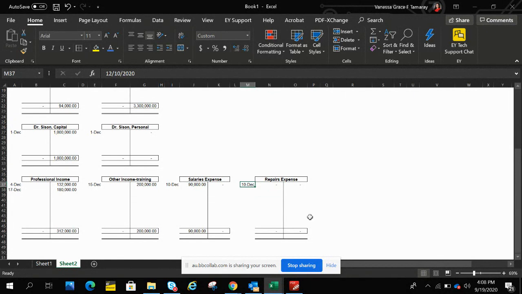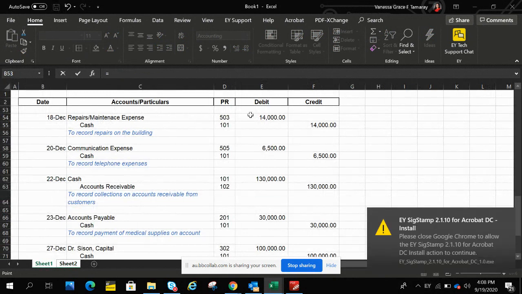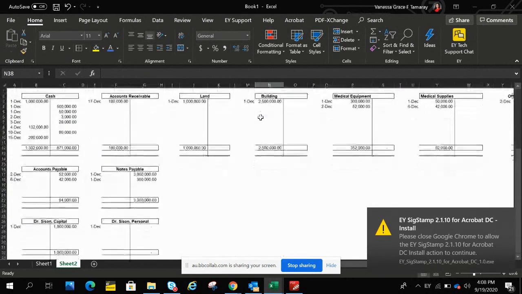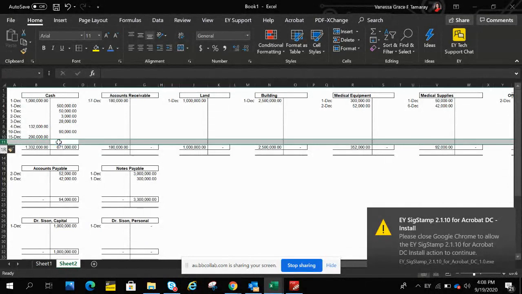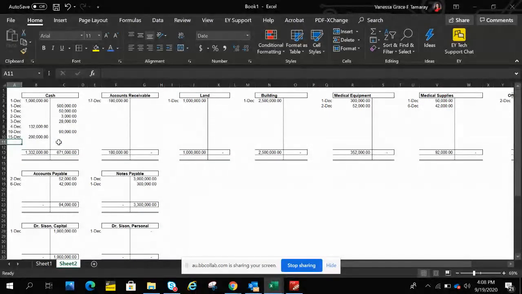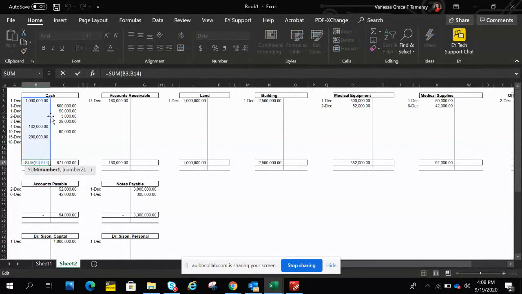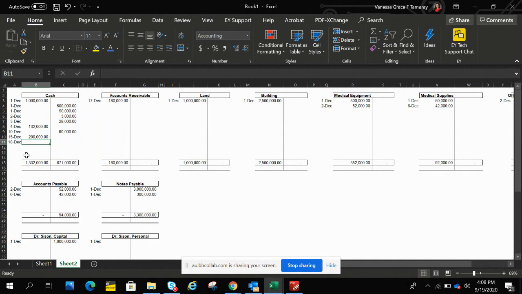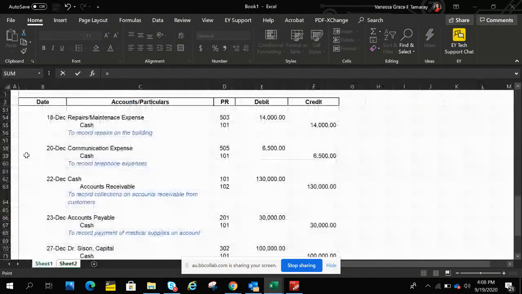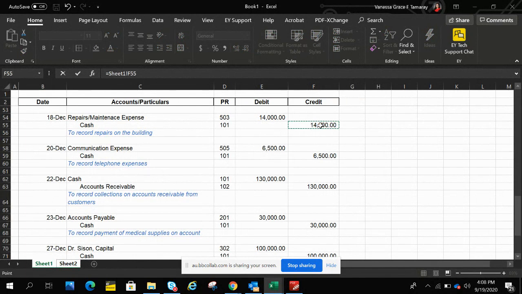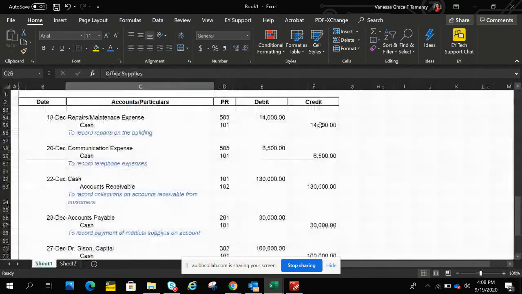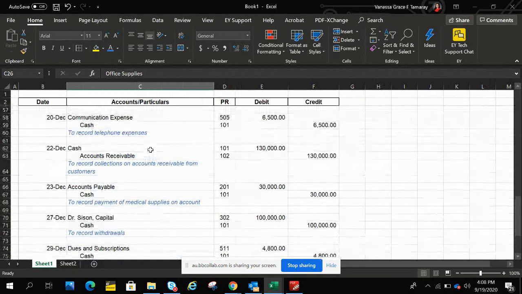This is December 18. Okay, 14,000 and then credit cash. Repairs expense, 14,000 pesos.